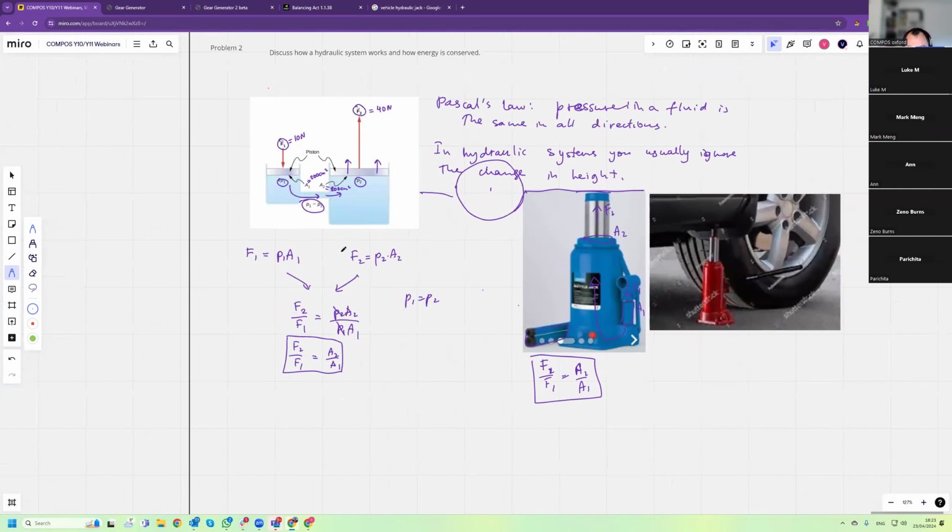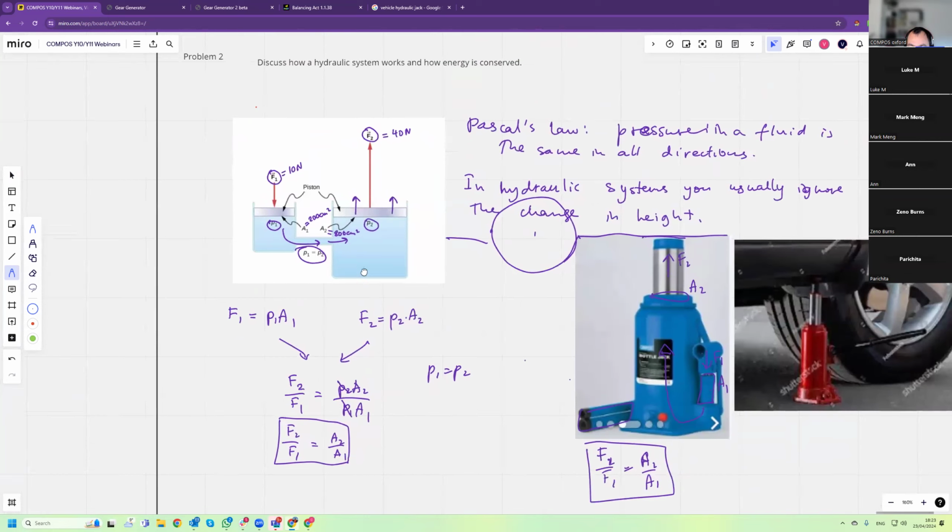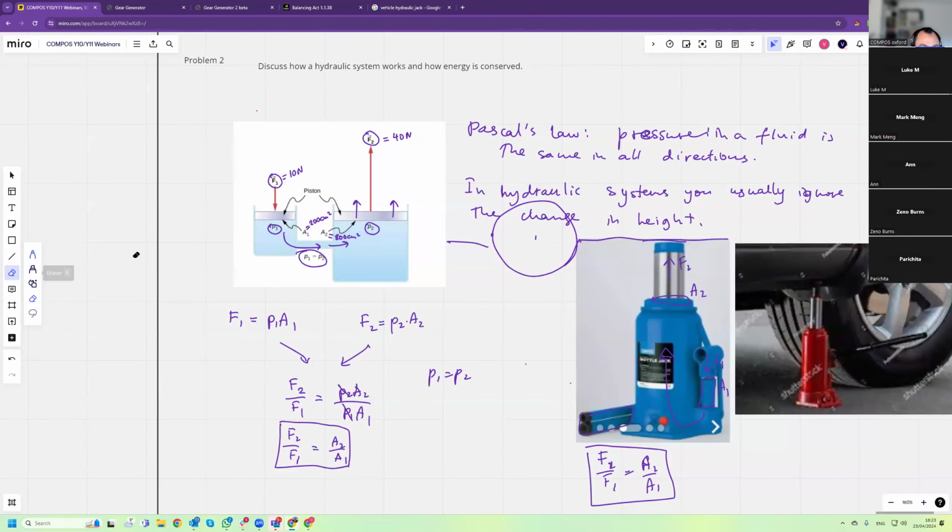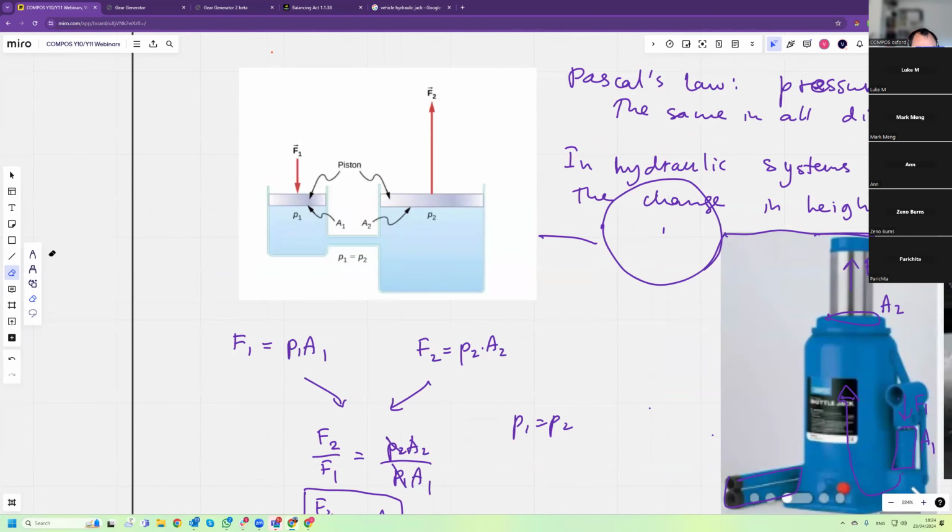Now, let's suppose the smaller piston moves down by x1 centimeters.